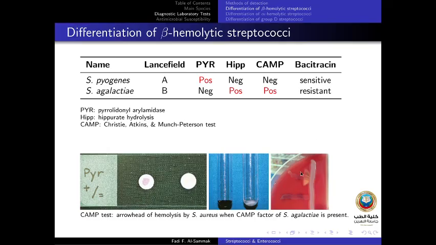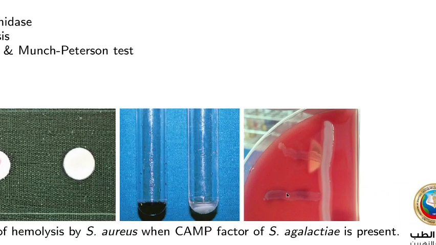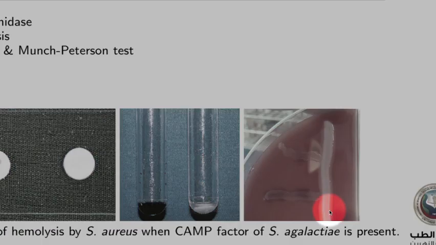Now, in the CAMP test, what you require is the blood agar and a Staphylococcus that is beta hemolytic. You can see this clear zone of hemolysis around it, and this is the Staphylococcus, or let's say beta hemolytic Staphylococcus, be it Staphylococcus aureus.